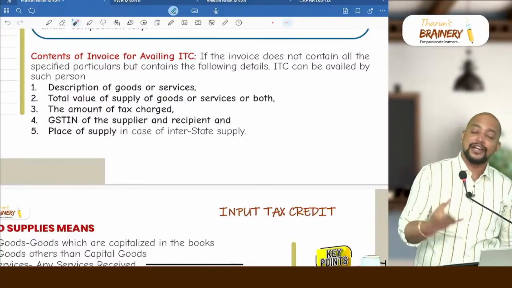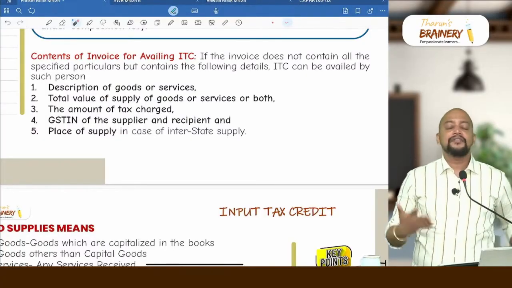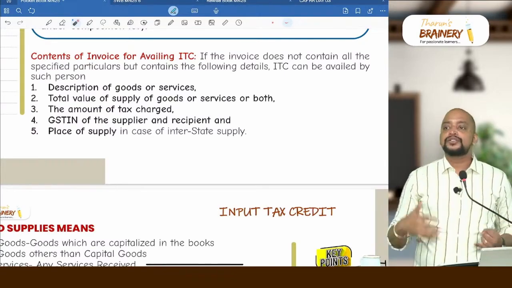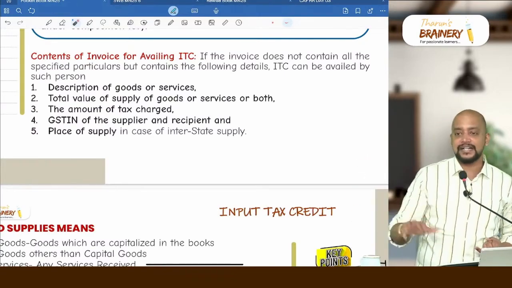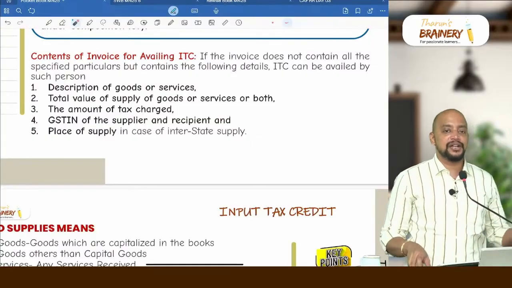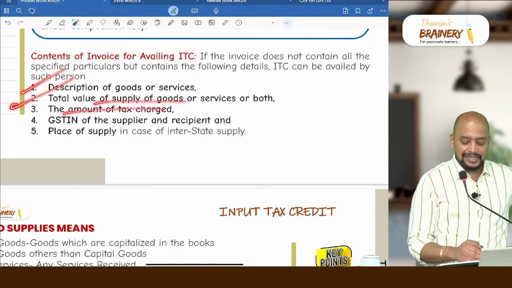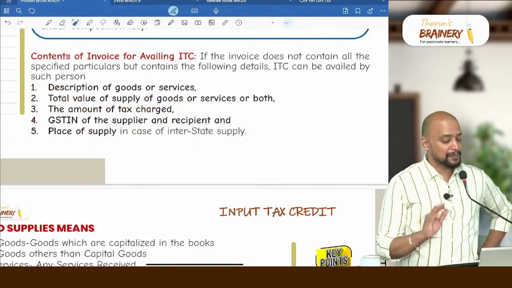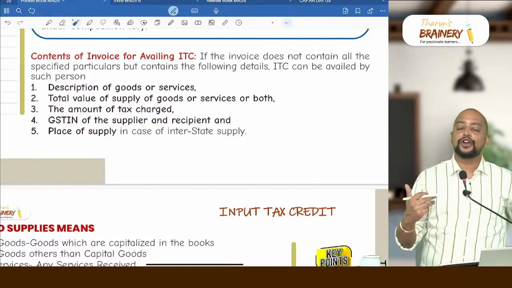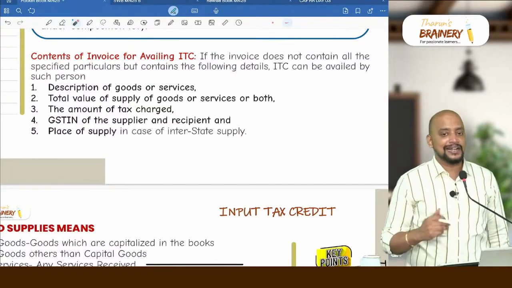Then value should be there, tax should be there, and description also should be there. Finally, place of supply should be there, to know whether it is intrastate supply or interstate supply. Date is mandatory. Apart from date, these are the minimum details that should be present: description of goods or services, value, tax, GSTN of supplier and recipient, and place of supply in case of interstate supply. Then it will be called a valid document for availing the ITC. If HSN details are not there, it's okay, we can take ITC.